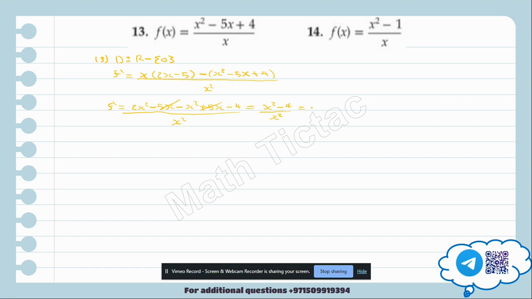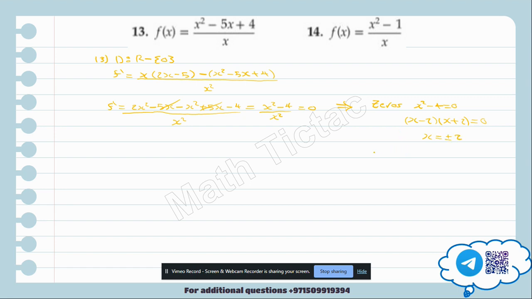Let's make the derivative equal to 0. From the numerator, to find the zeros: x squared minus 4 equals 0. I can factorize this to x minus 2 times x plus 2 equals 0, so x equals positive or negative 2.